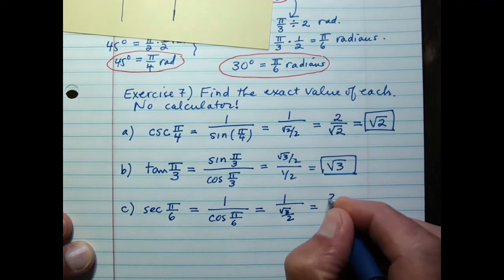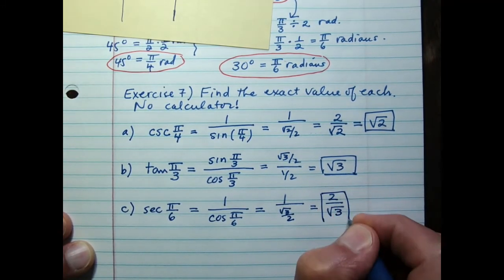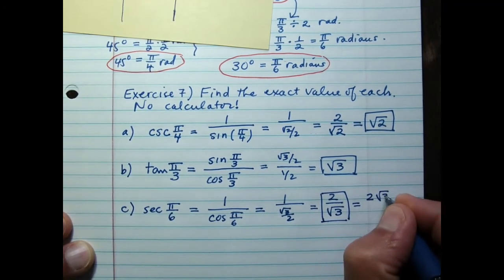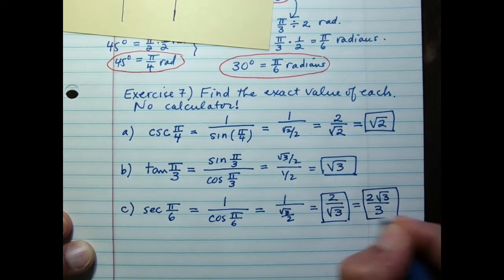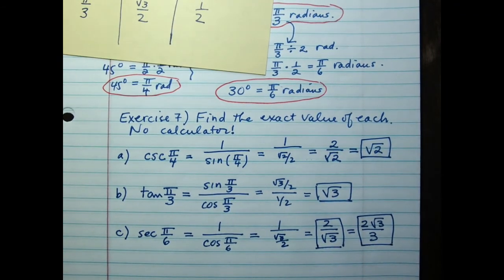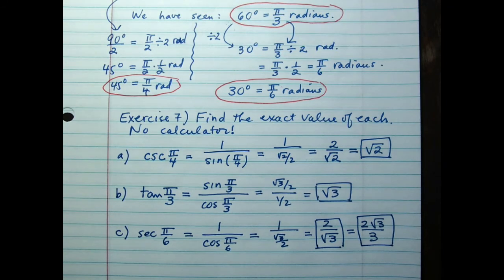Take the reciprocal, so I get 2 over square root of 3. Now that answer I don't mind if you leave in this form. Or if you rationalize, you just get 2 square root of 3 over 3. So either one is okay. I think this is a good exercise, and now we know how to do this, right? We're putting together what we know about radian measure with the values of the trig functions that we learned a little earlier.